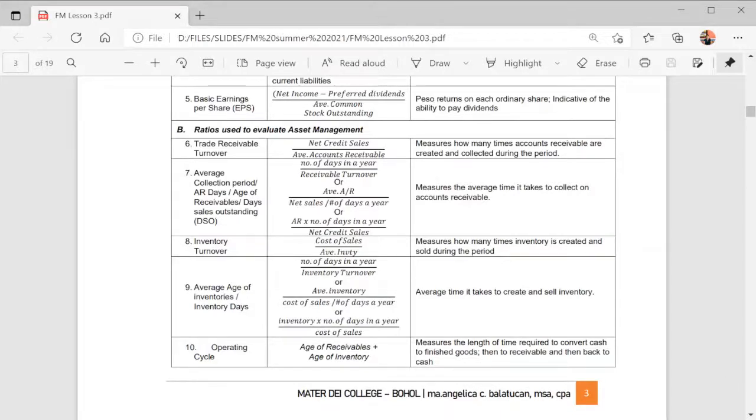The higher the turnover, the better, or the lower the turnover, the better? What do you think? For the RTO and ITO, is it the higher the turnover, the better, or the lower? You can write your answers in the chat box.